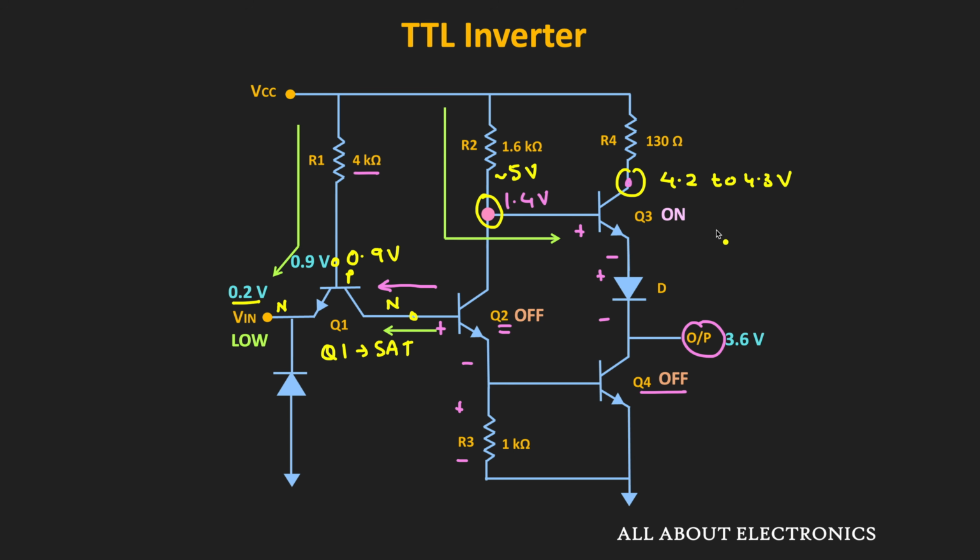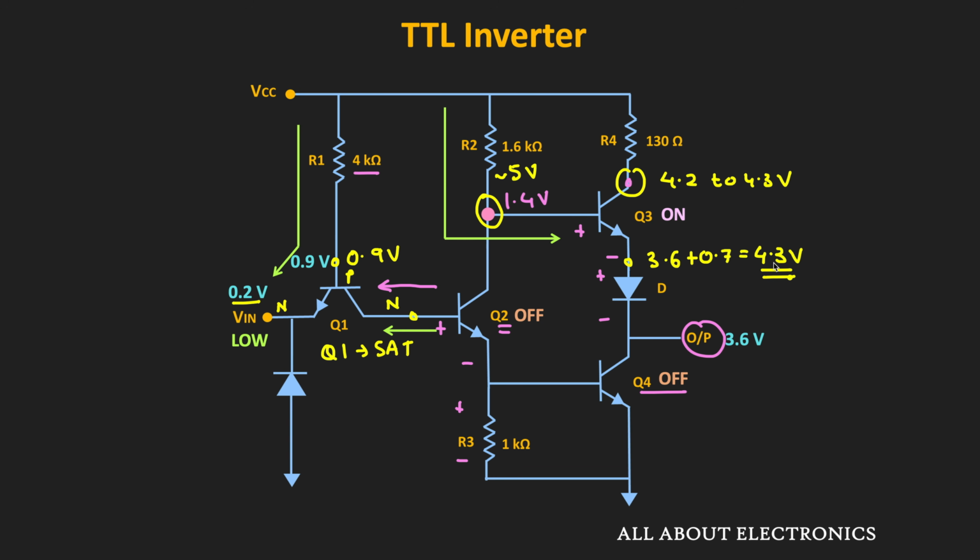Here the drop across the diode is roughly around 0.7 volt. That means if we see the voltage at this node, then that is equal to 3.6 plus 0.7 volt, that is equal to 4.3 volt. That means the voltage at the emitter of this transistor Q3 is roughly equal to 4.3 volt.